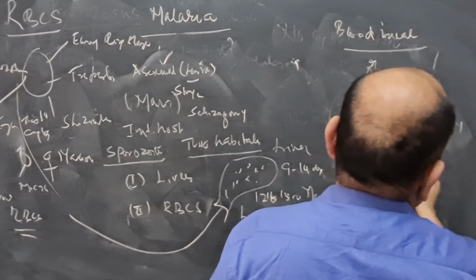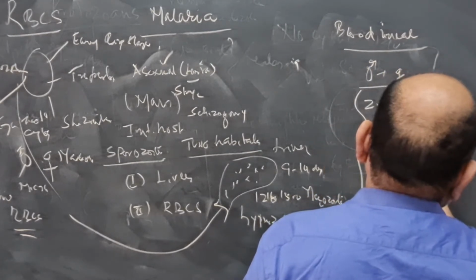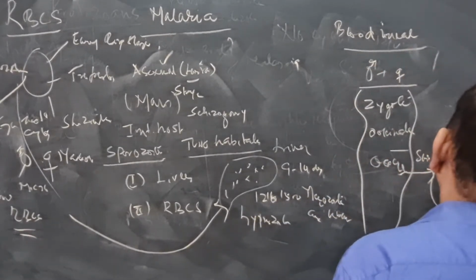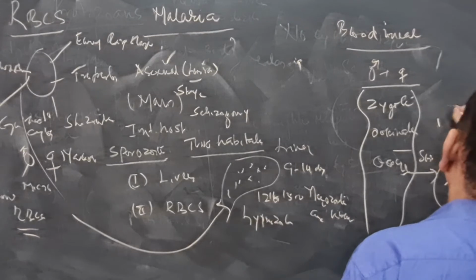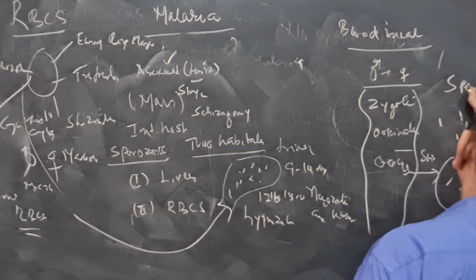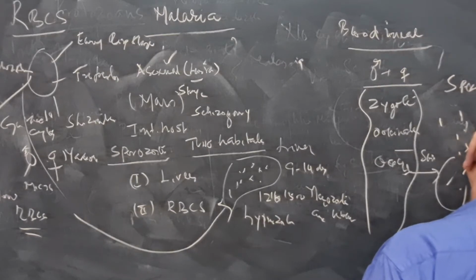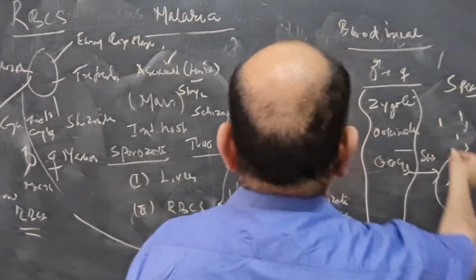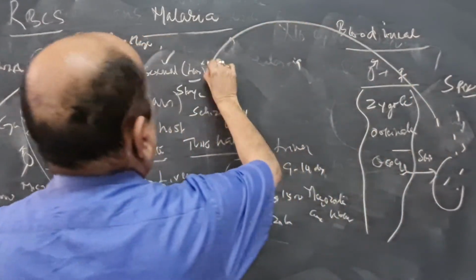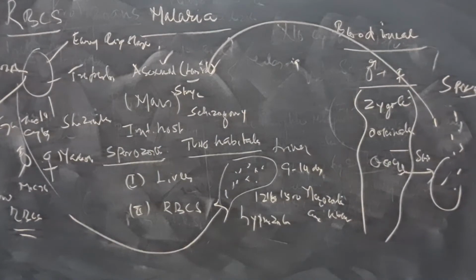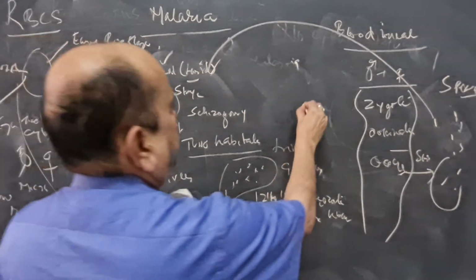In the stomach, the oocyst bursts, releasing sporozoites. These sporozoites are then injected, and this takes about 9 to 13 days.